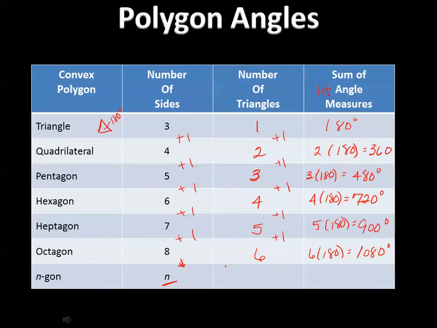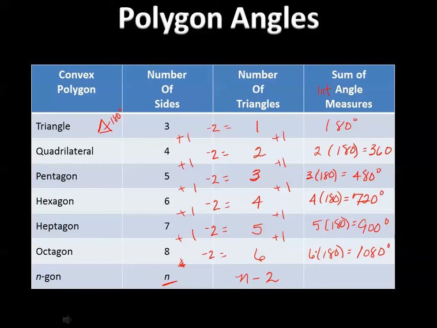Each one of these says minus 2. 3 minus 2, I'm going to get 1. 4 minus 2, I get 2. 5 minus 2, 3. 6 minus 2, 4. See how that works consistently? 7 minus 2, 5. 8 minus 2, 6. So to find the number of triangles, I can take the number of sides minus 2.